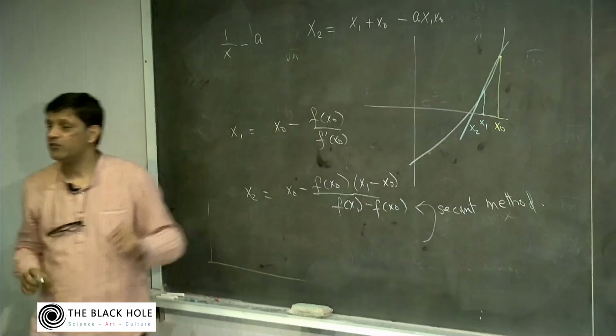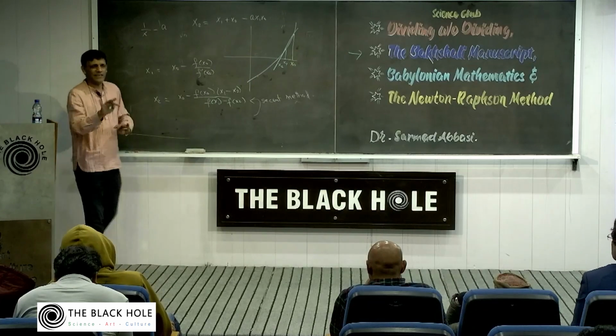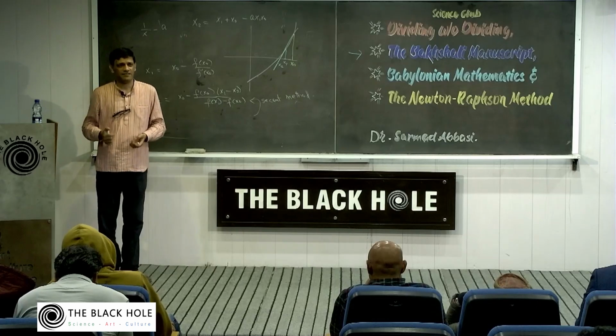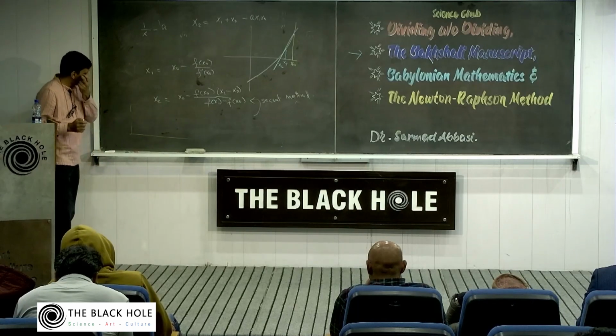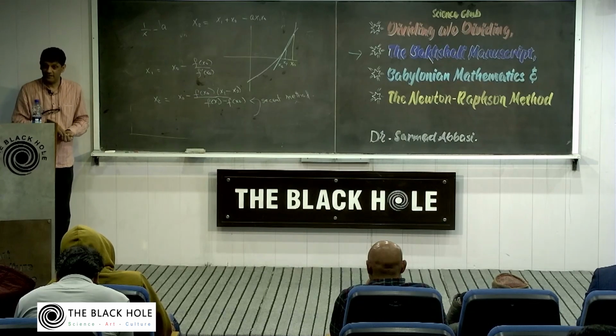You get some iteration like that. The reason I'm not doing the algebra is because I want to leave that as an exercise for you. And what you can do is the similar error analysis that we did.